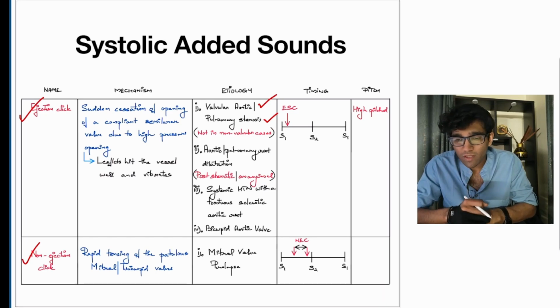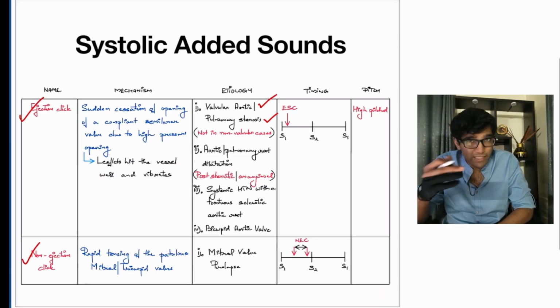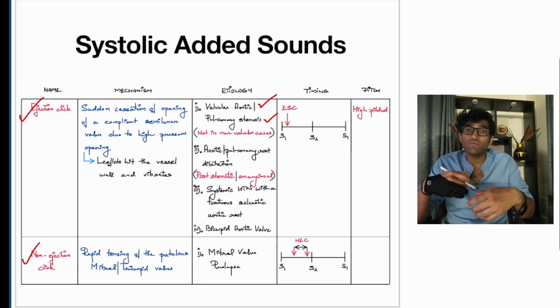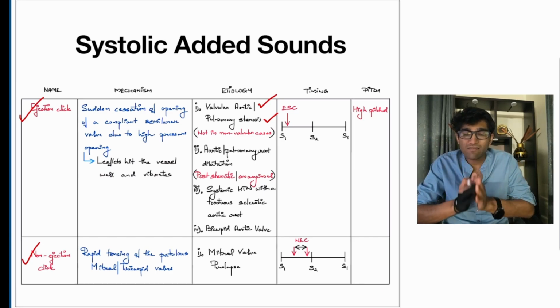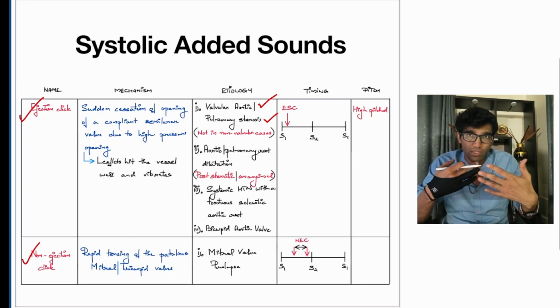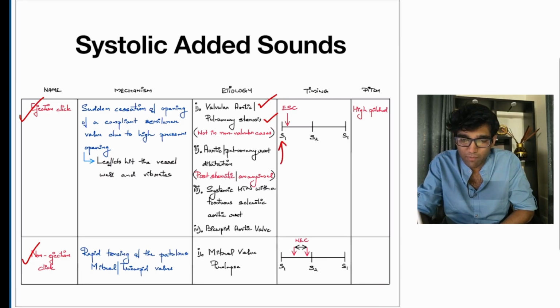Okay, now obviously this is an ejection sound. Okay, so since it is an ejection sound, it corresponds with opening up of the leaflets. Now see, S1 corresponds to AV closure, the closure of the mitral valve. Okay, so this is the closure of the mitral valve.